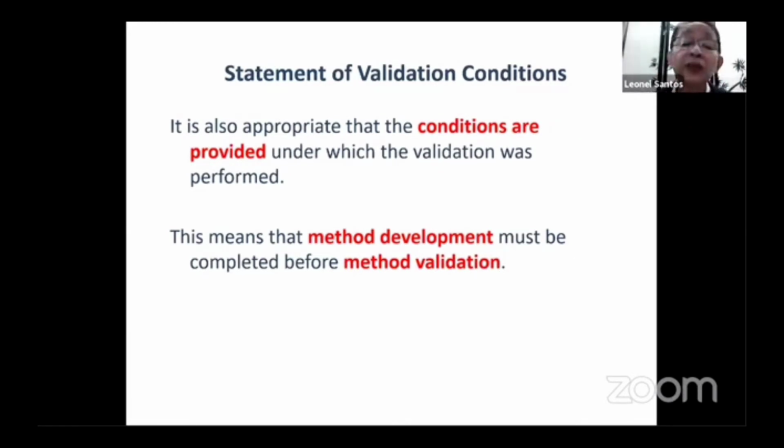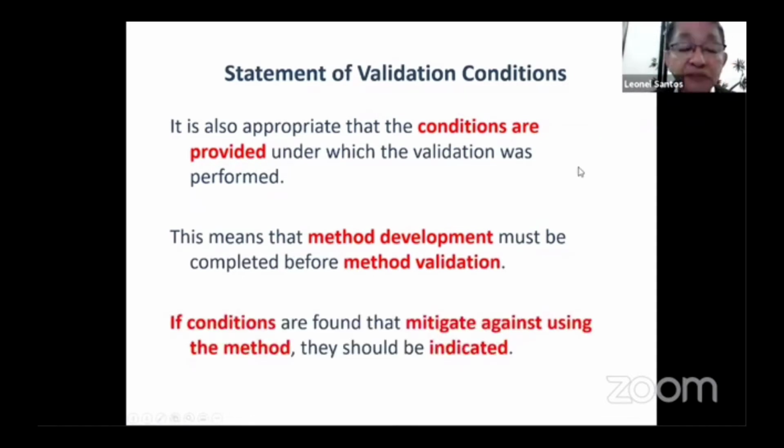It is good to document it because when you have difficulty analyzing your sample and you have to go back and analyze the conditions, what you have to change, or for example, you're trying to do an alternative procedure, it is good to have background information on how you developed the method.